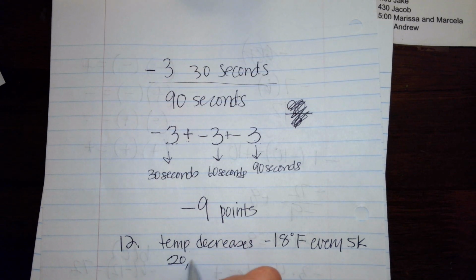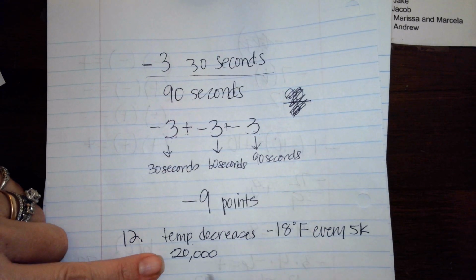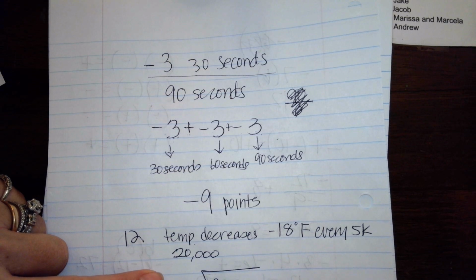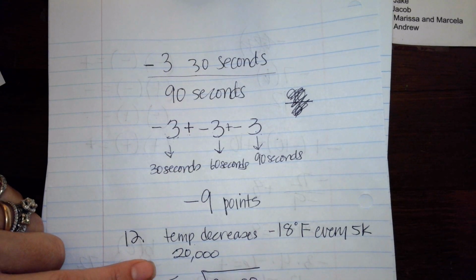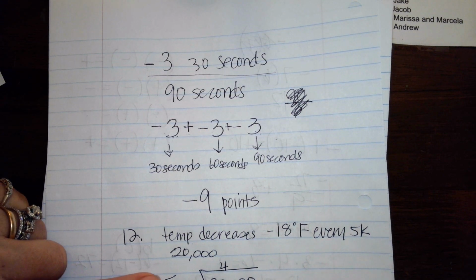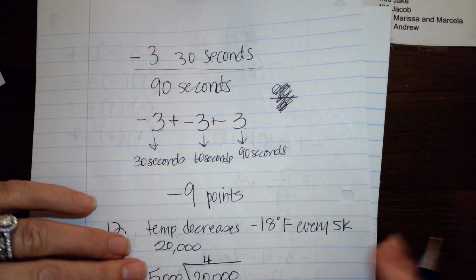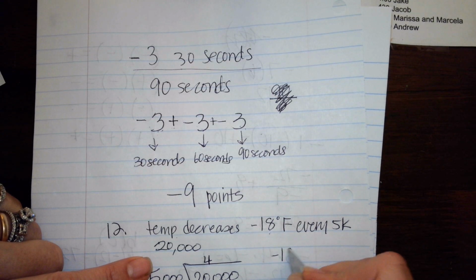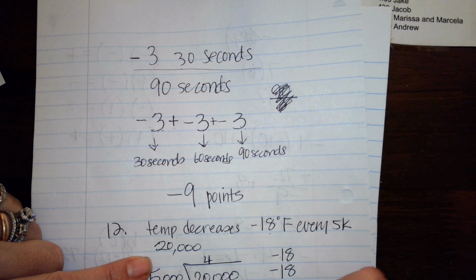Okay, so first we have to say, what is 20,000 divided by 5,000? It's 4, right? Yes. Okay, so if it goes down 18 degrees every 5,000, we need 4 of those.